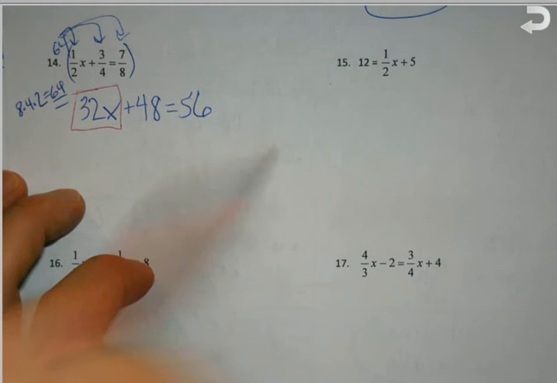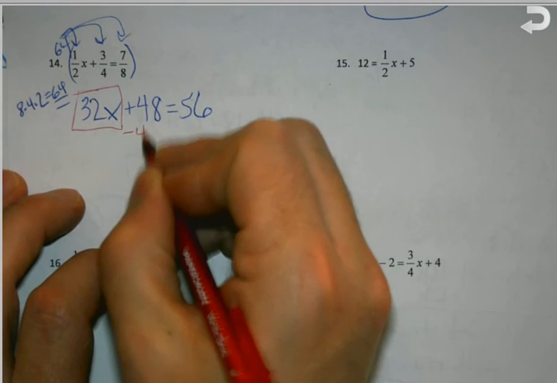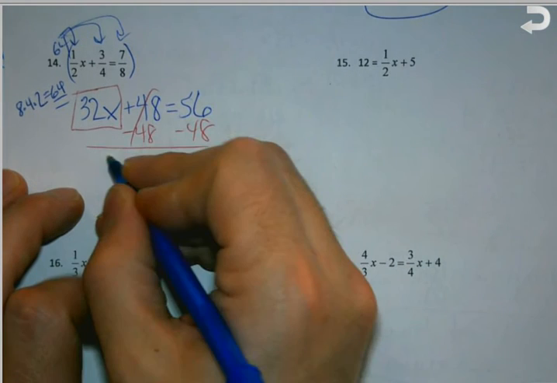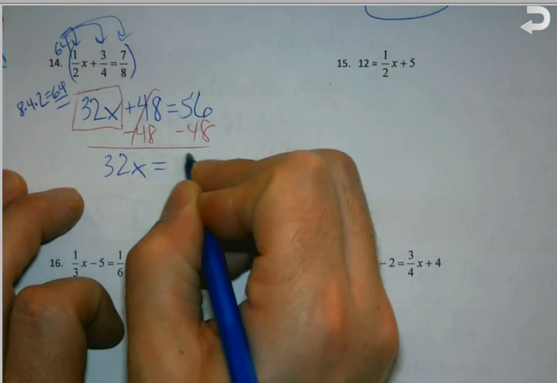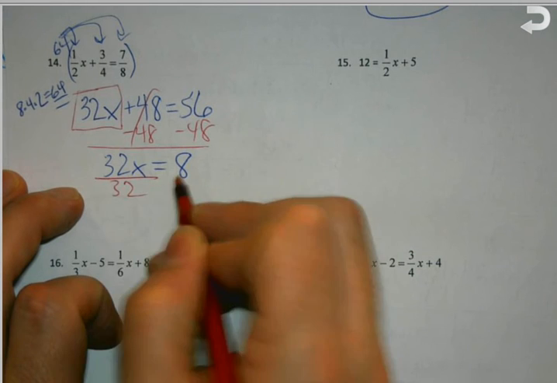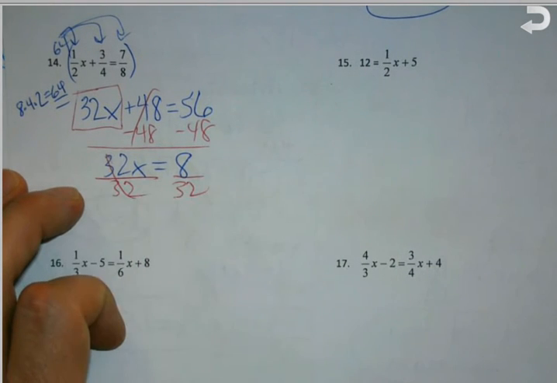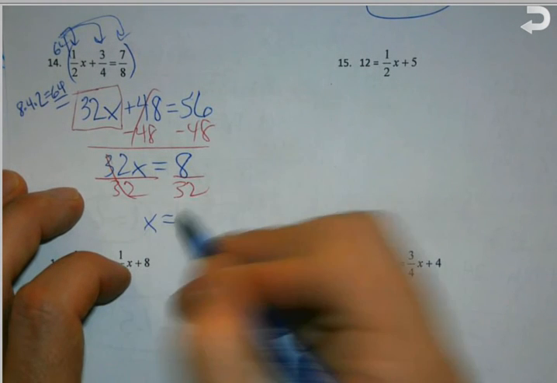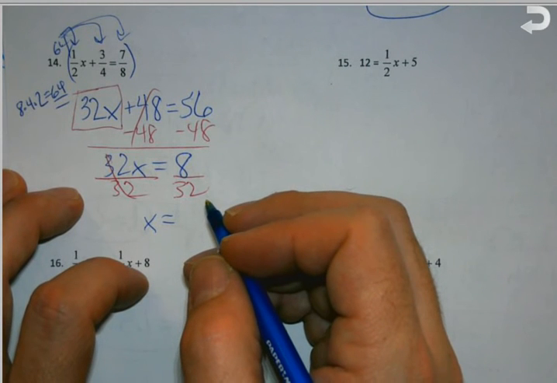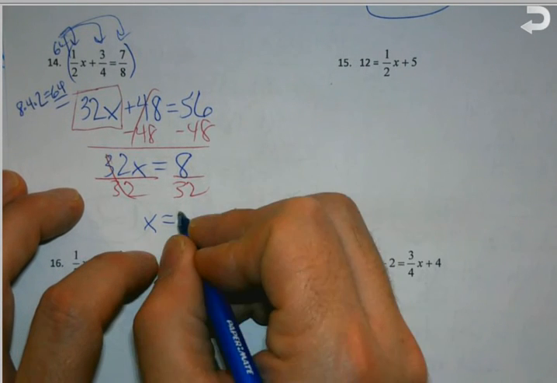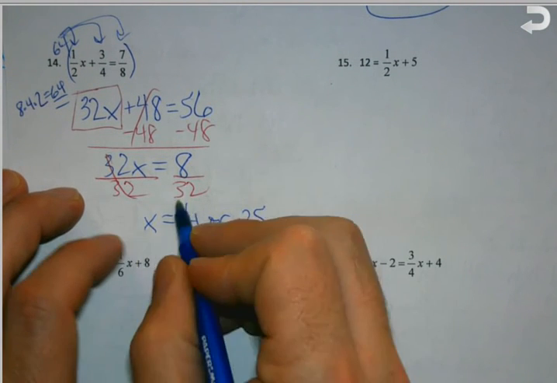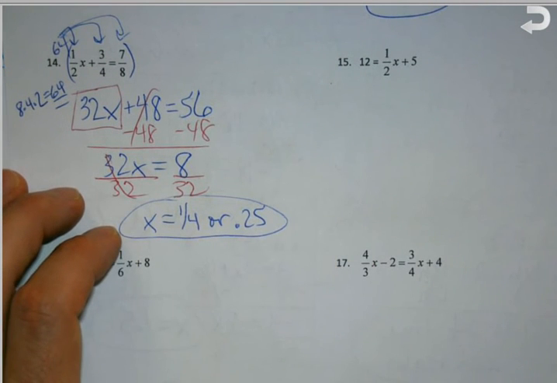What's up next? Divide by 32. And this is one other thing to be careful of.